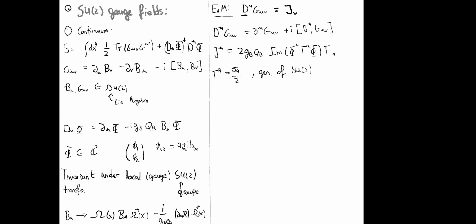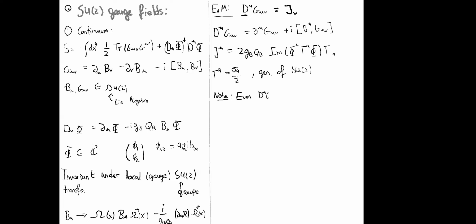One of the differences, which is not going to be crucial here, is that contrary to electromagnetism, which is a free theory, you see that these equations are not free. Even if J^mu is equal to 0, you have non-trivial solutions.